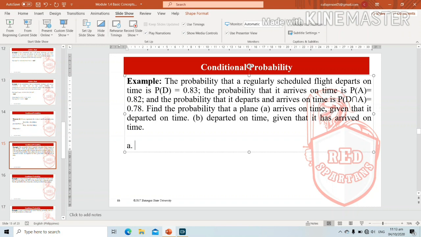Sabi ay probability ng a plane arrives on time. Ano ba ang arrive on time?